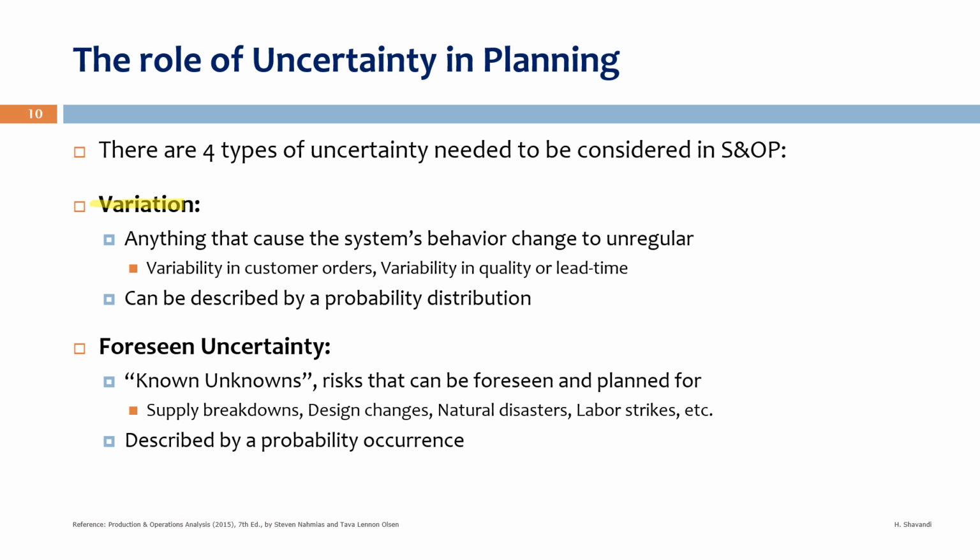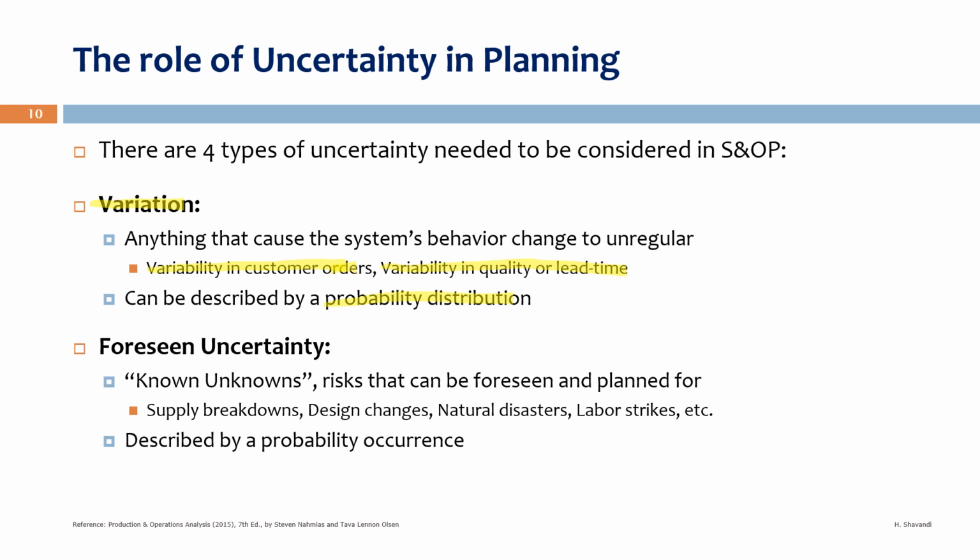Anything that may change the regular process in the system is a variation, right? For example, variability in customer orders, variability in quality or lead time. These causes may change the regular behavior or process of the system, right? We can describe this type of uncertainty by a probability distribution.